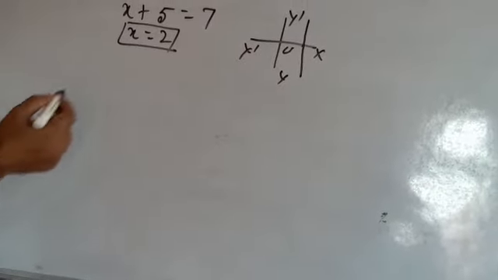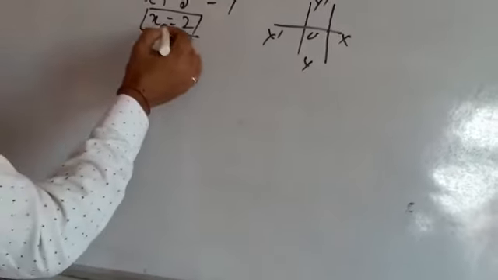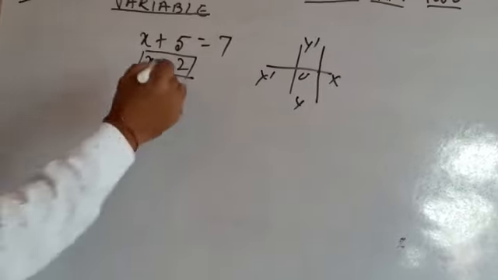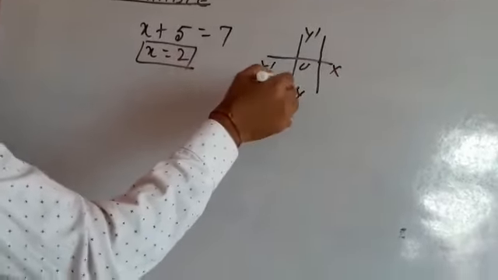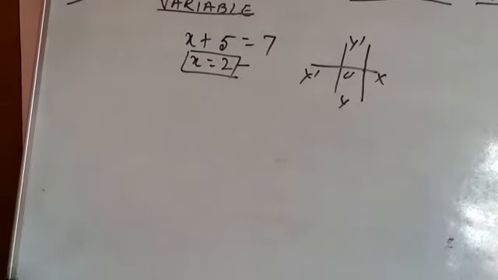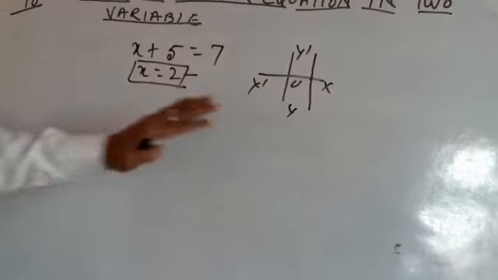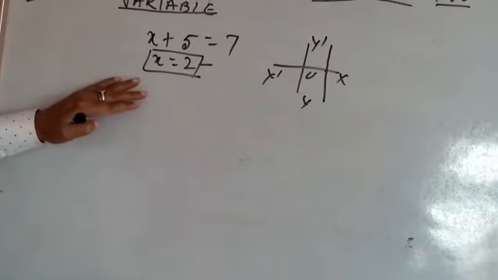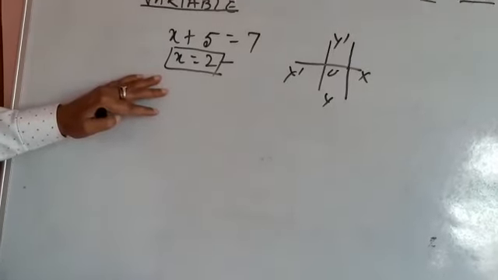This could also be represented as a linear equation in two variables. How?